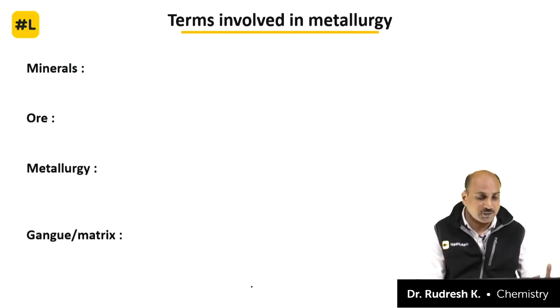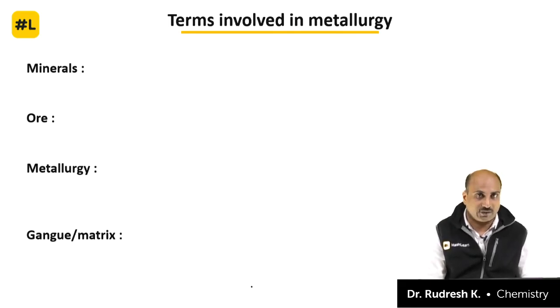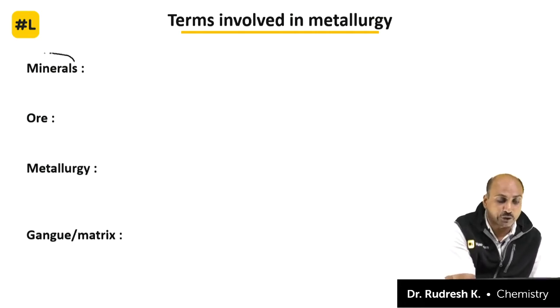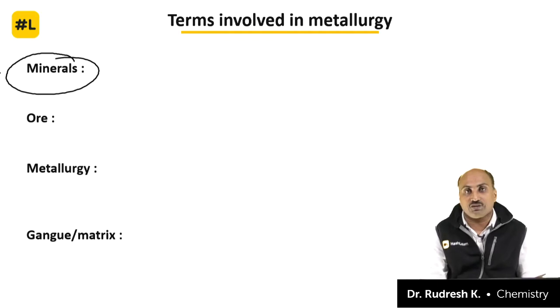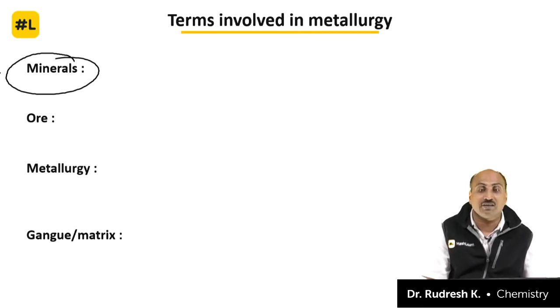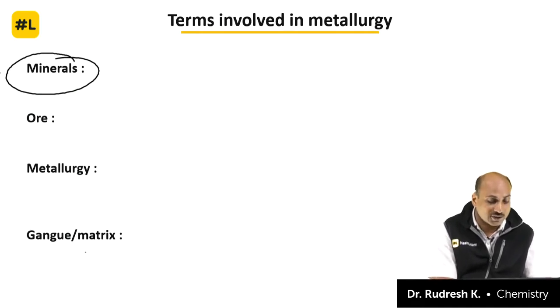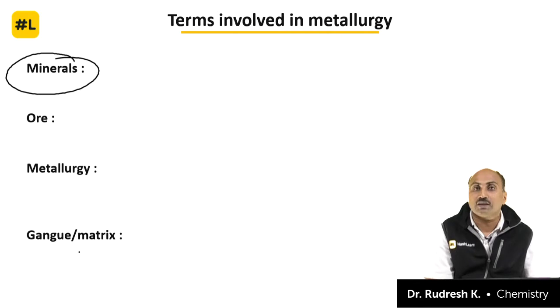Minerals are natural substances from which a metal can be extracted, but it is a tedious process. That is the reason we are not going to use the minerals as such. If I use a mineral, it contains so many earthy impurities. In metallurgy, those unwanted impurities are called gangue, or it is also called the matrix. I will be talking about that later.